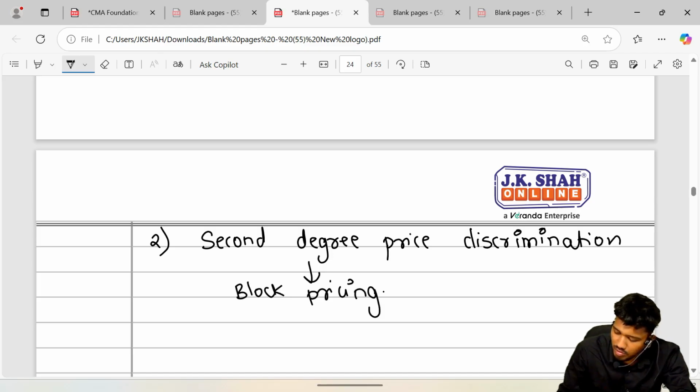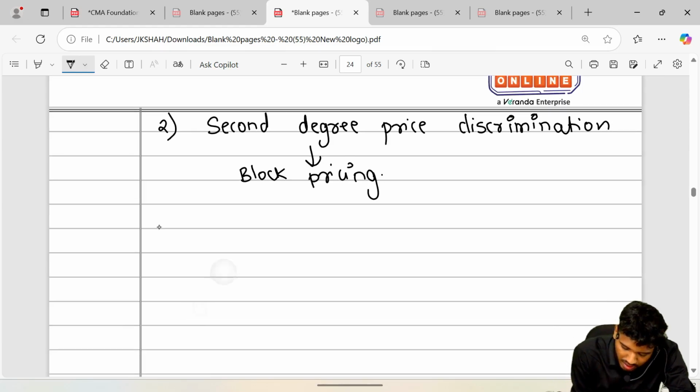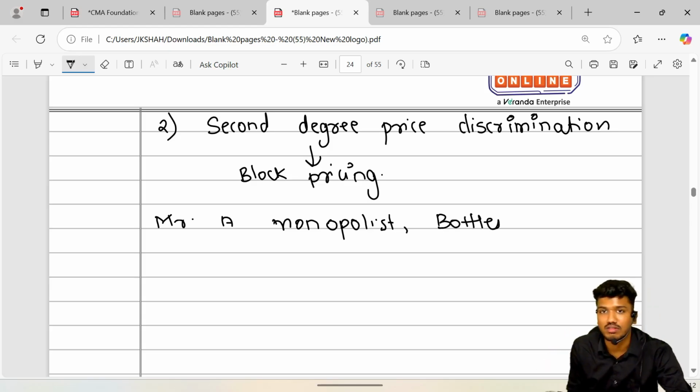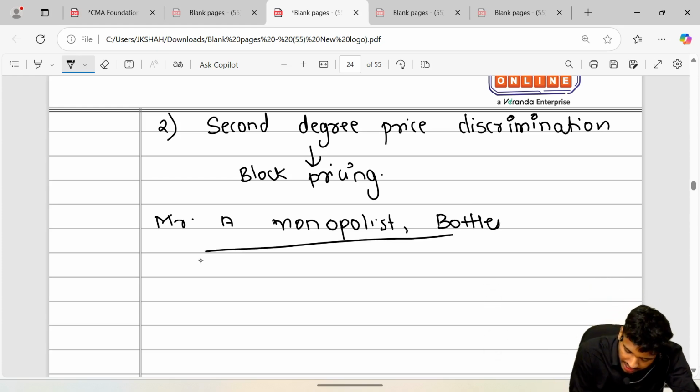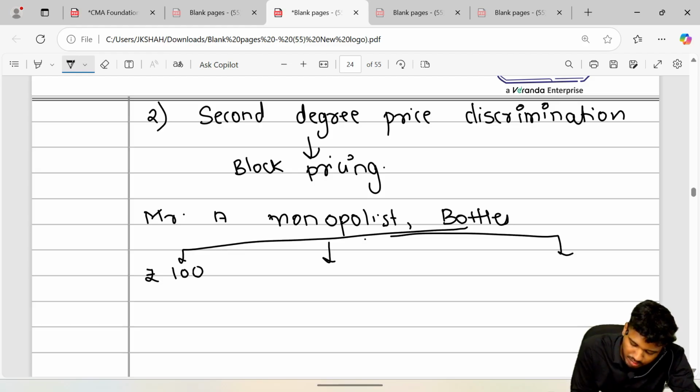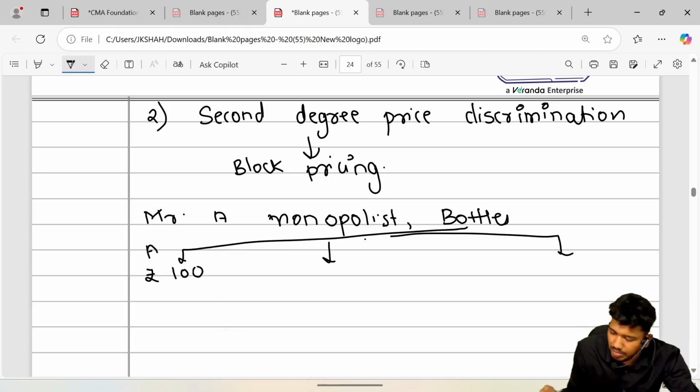What happens in the case of block pricing is, I'll tell you. Mr. A, being the monopolist, sells plastic bottles. Any customer who buys from him pays rupees 100 per bottle.